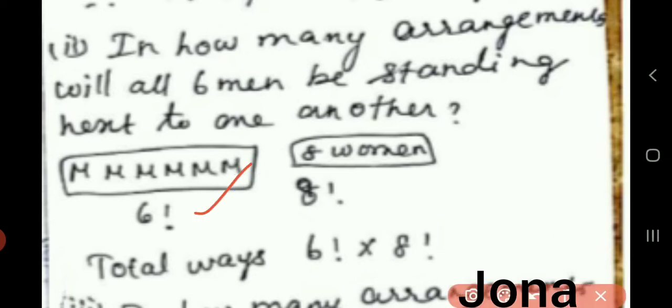So 6 factorial altogether, and then the remaining women, that is 8 factorial. The men can be arranged in 6 factorial ways and the women in 8 factorial ways. So total ways equal 6 factorial into 8 factorial. Even here no need to simplify. If you want, you can simplify that.